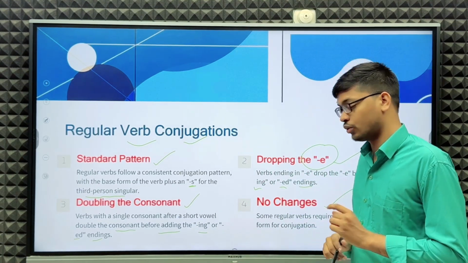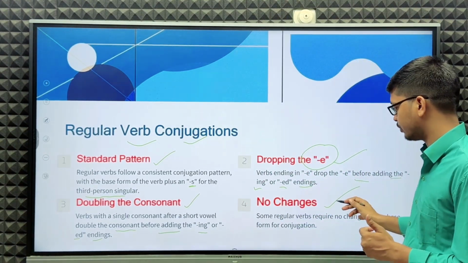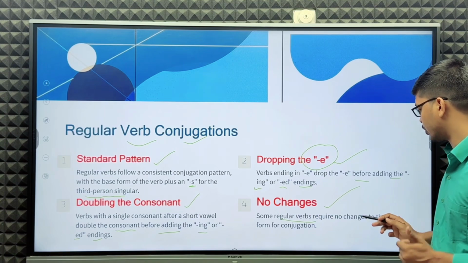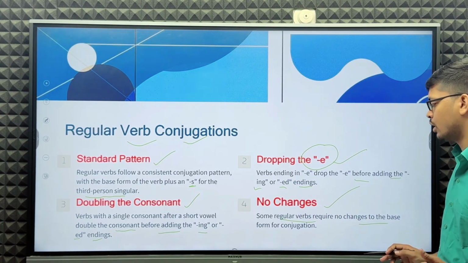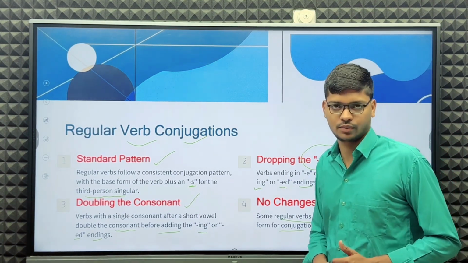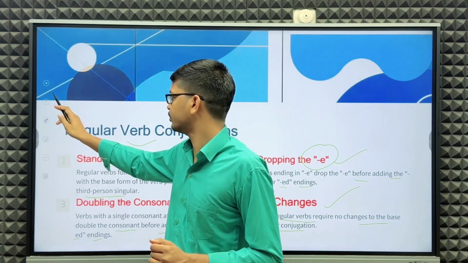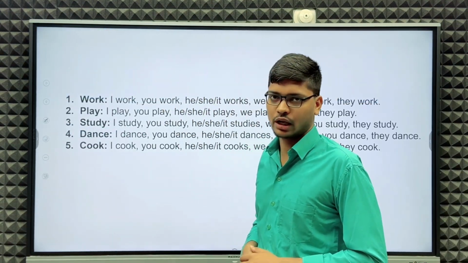Okay, and no change: some regular verbs require no change to the base form for conjugation. Okay, let's see examples. So examples are here.